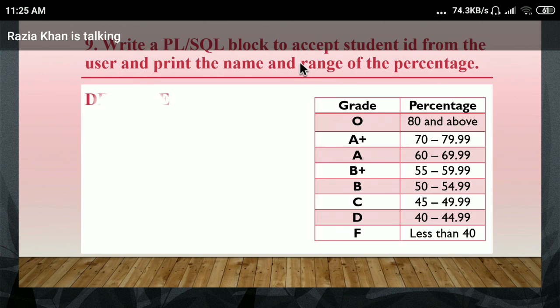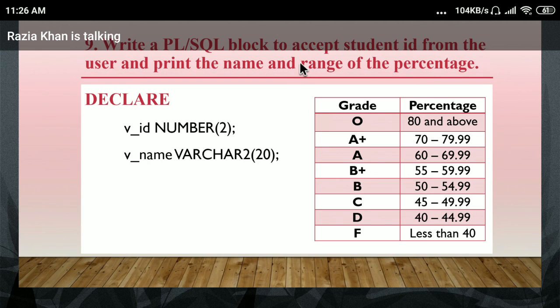Check the declare part first. You need to declare the ID, because you have to accept the ID from the user. Then the name, because you have to print the name. First you need to select the name from the table, and after fetching that name you have to store it in some variable.